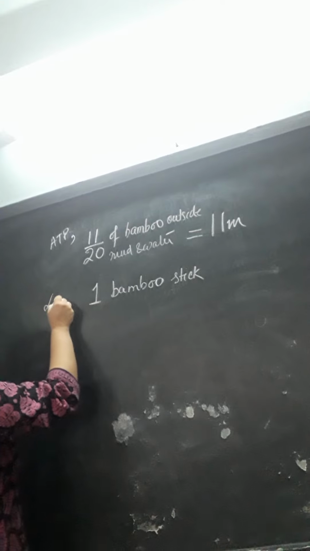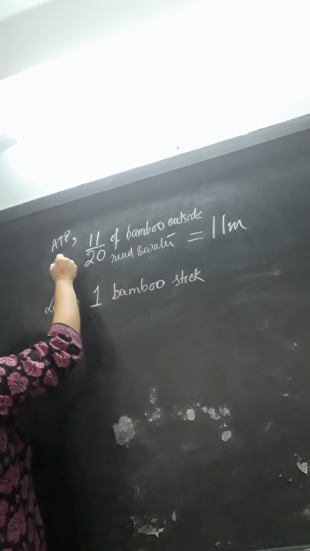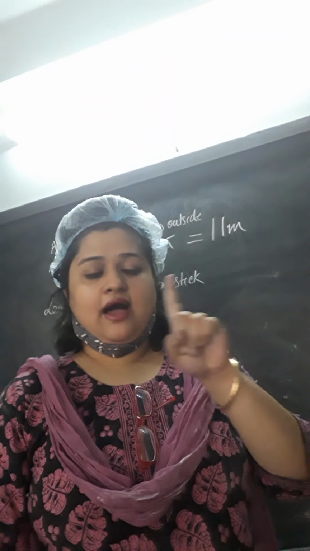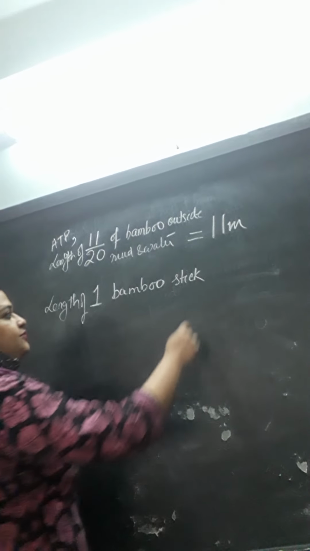So length of, this is given length of, so if 11 by 20 is the fraction of bamboo stick lying outside, what is the length or measurement that is given? 11 meters. So if I want to find the length of the entire bamboo stick, entire means how many sticks are there? Only one. So the length of one bamboo stick will be how much?